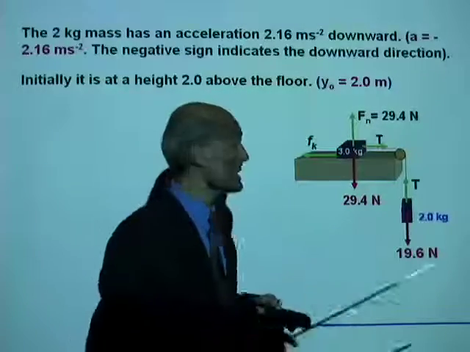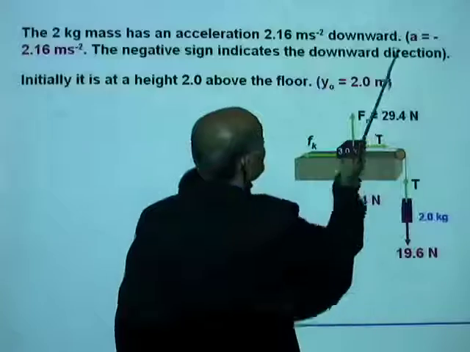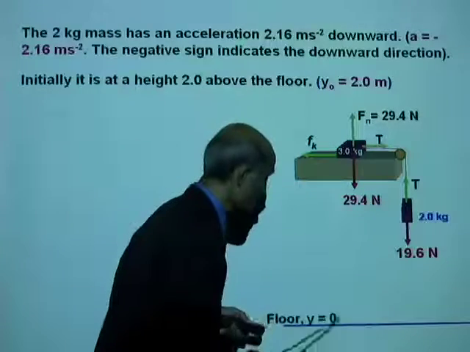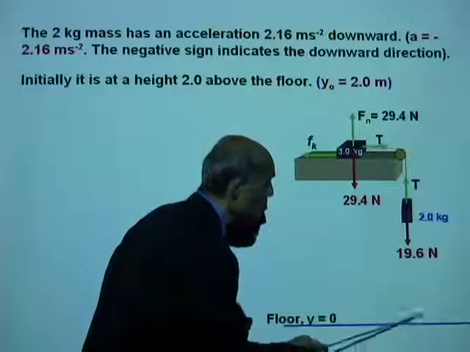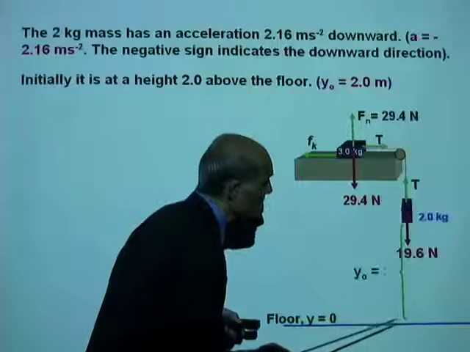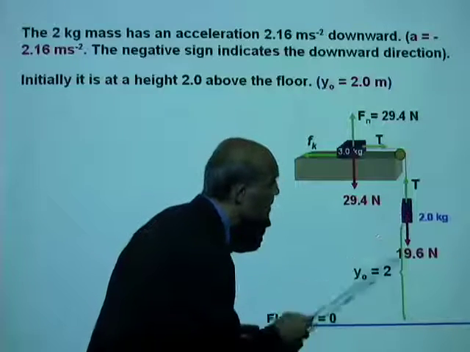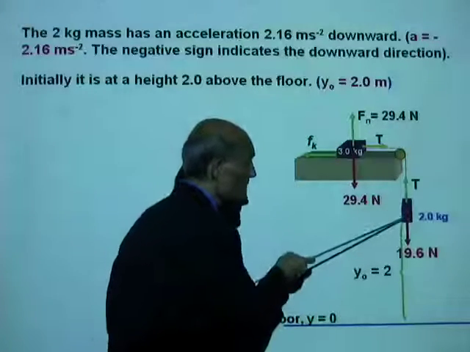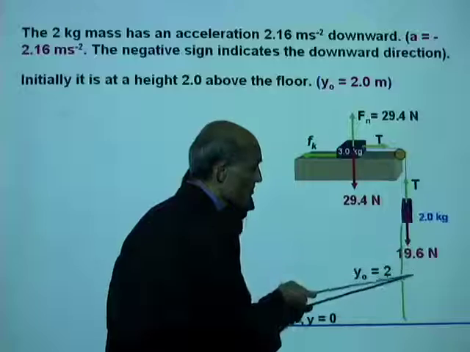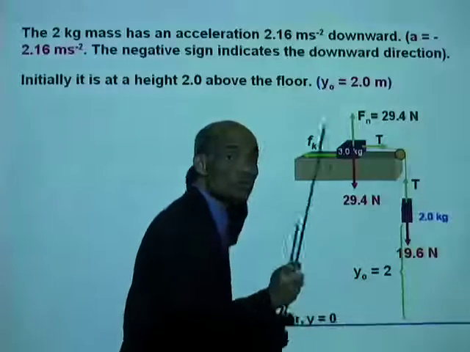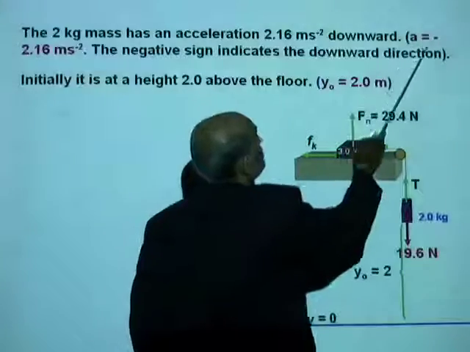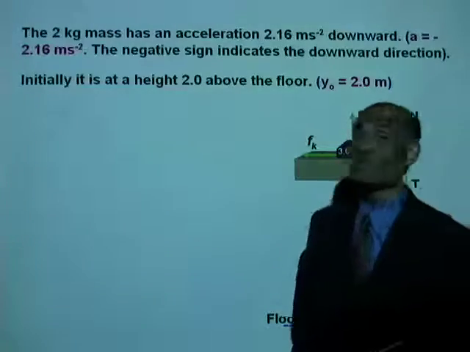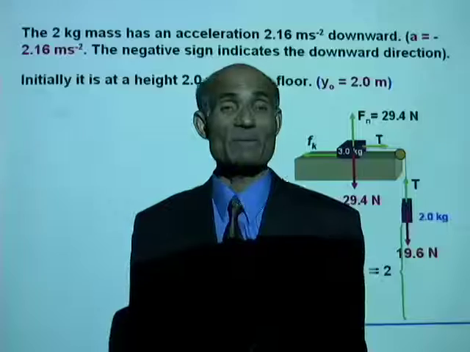Now that you know the acceleration is negative 2.16 meter per second squared, and y equal to 0 is at 2 meters below where the mass is, we need to find the time taken for this mass to drop through 2 meters.